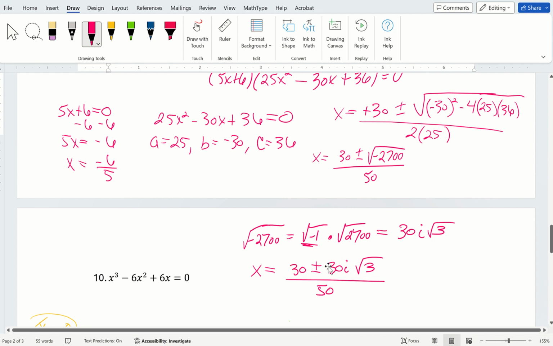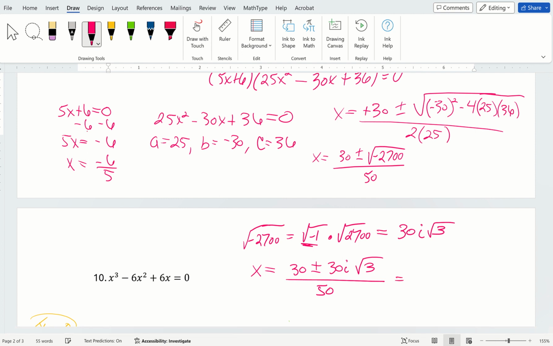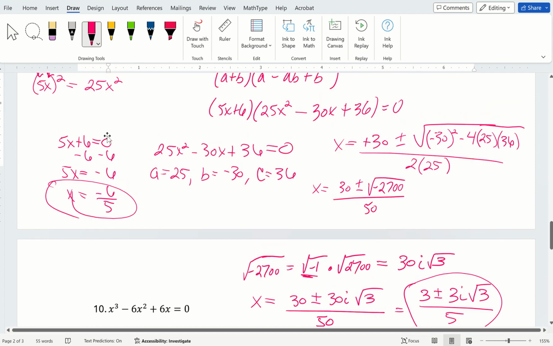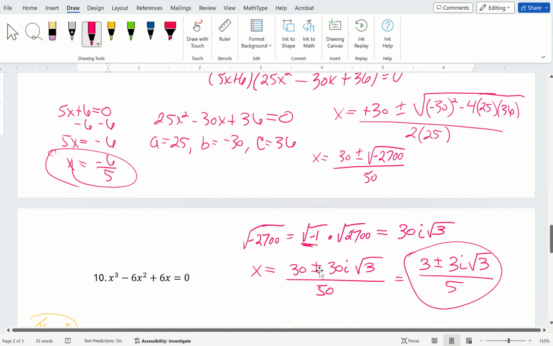So we're going to divide all the terms outside of the radical by 10, and that's going to give us 3 plus or minus 3i square root of 3 over 5. So that's going to be our other set of answers. So that's the sum and difference of perfect cubes. It's going to give you a lot of work here, but you should get at a maximum 3 answers.